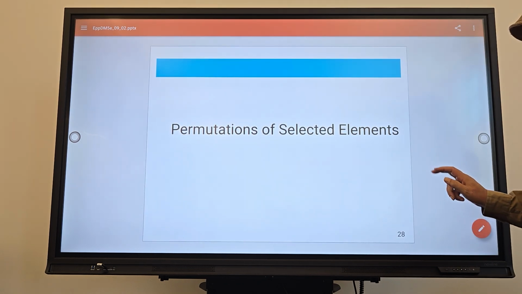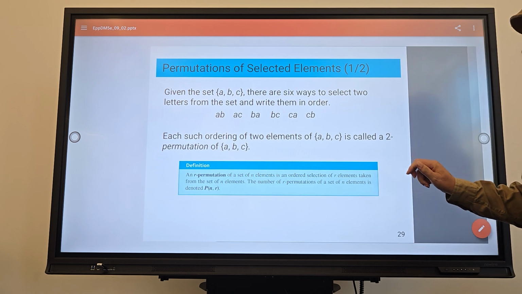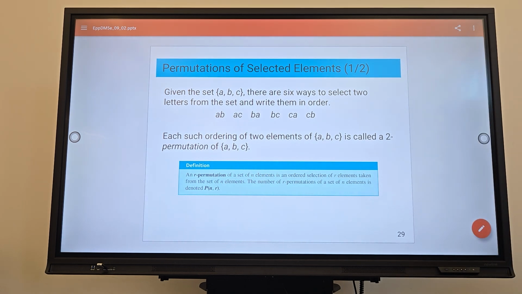Permutation of selected elements. Given a set of the elements A, B, and C, there are 6 ways to select 2 letters from the set and write them in order.